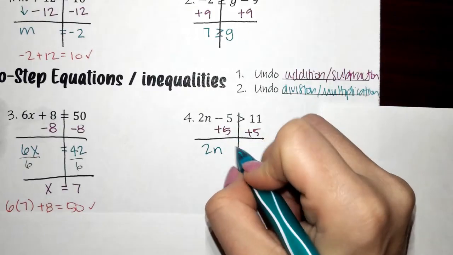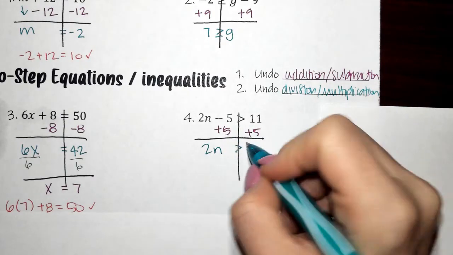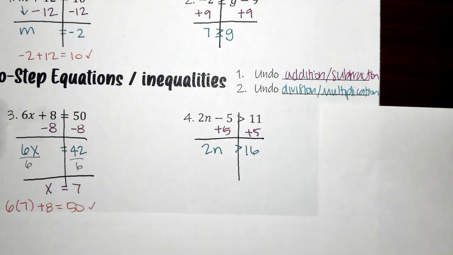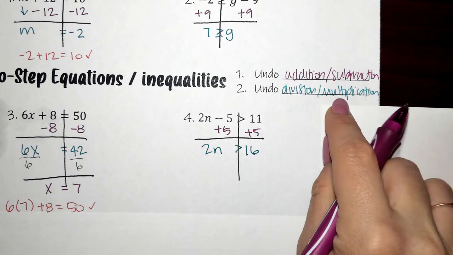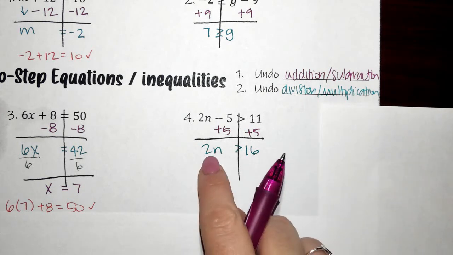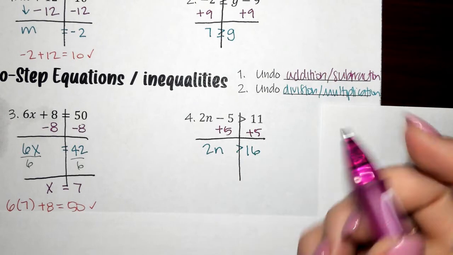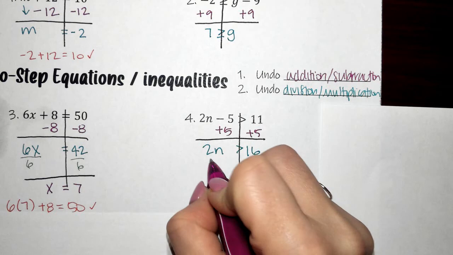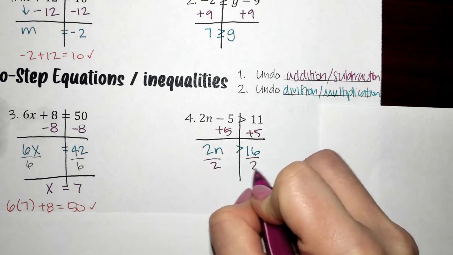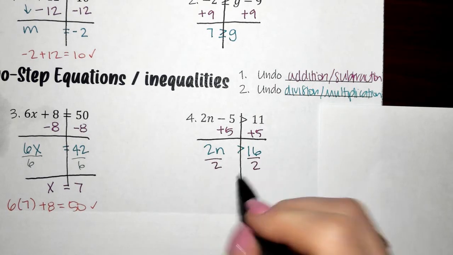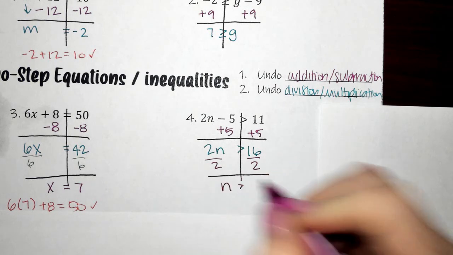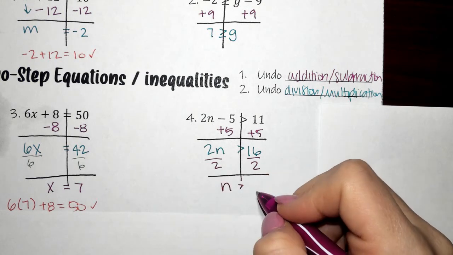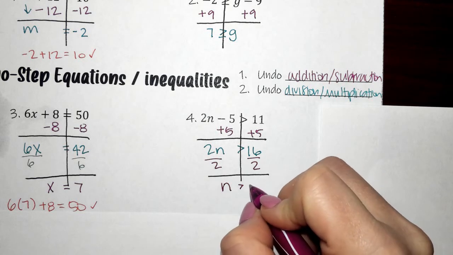Negative 5 plus 5 is 0, greater than 11 plus 5 is 16. So now dealing with the division or multiplication, again, this number in front right here means it's being multiplied, so I'm going to divide. n is greater than 8.